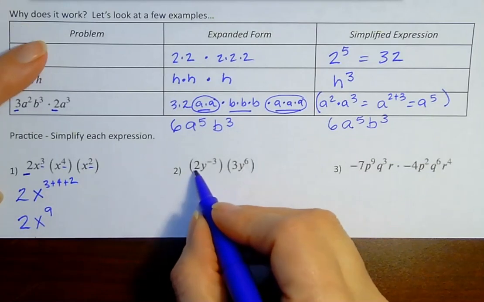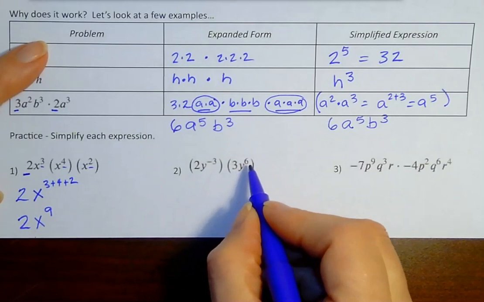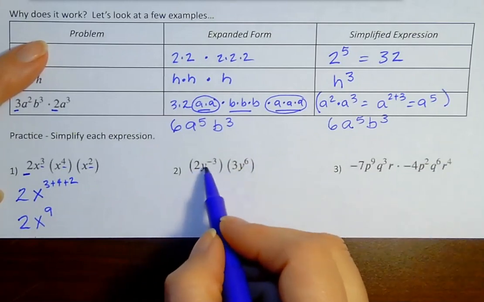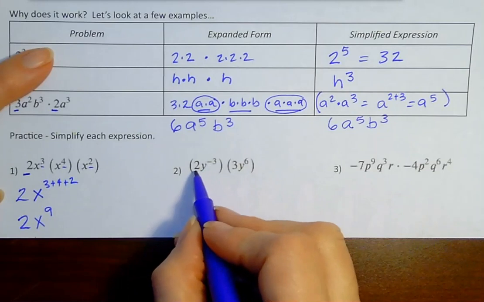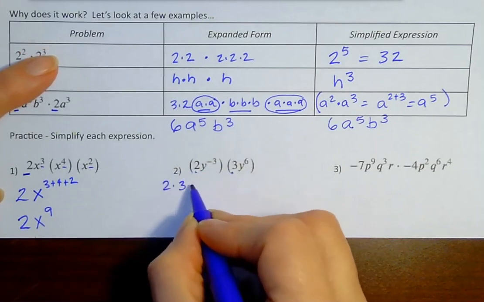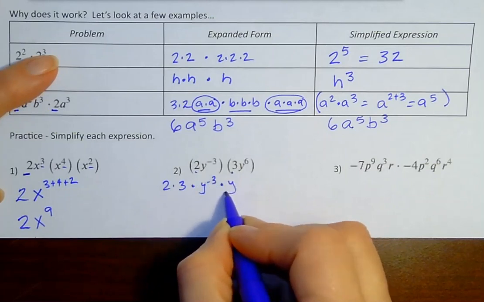Over here, I have 2 times y to the negative 3 times 3 times y to the 6. So I know you already have some ideas on what you could do with that negative 3, but I'm going to say hold off. We're not going to put that in the denominator just yet. Right now, I have 2 times 3 that I can do. And then I have times y to the negative 3 times y to the 6.